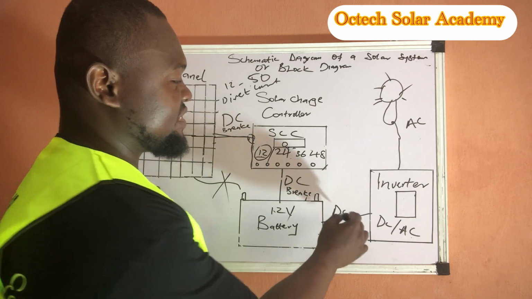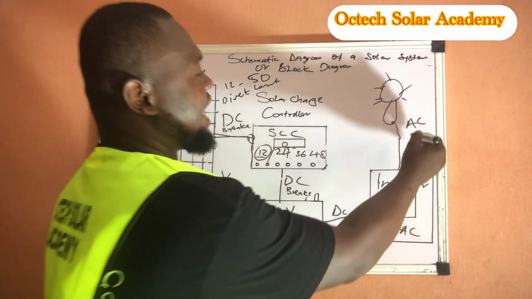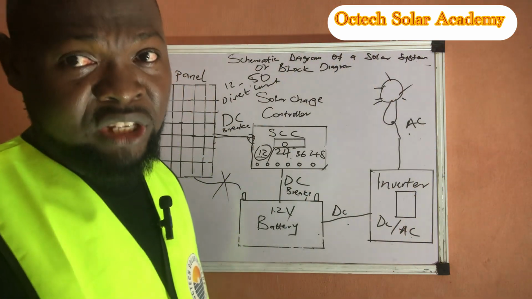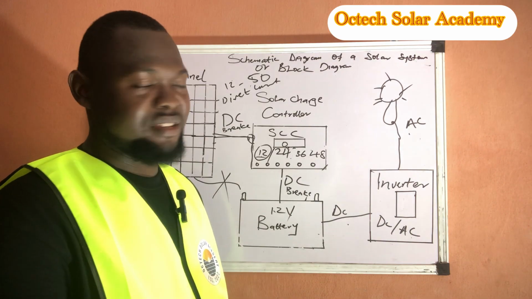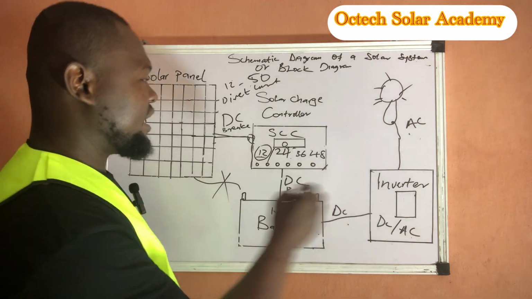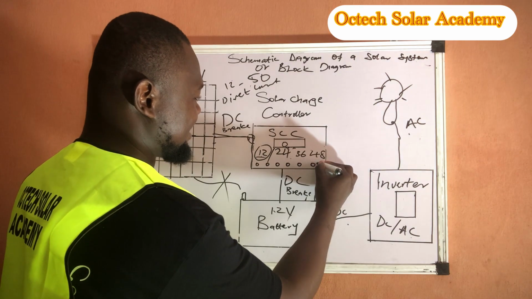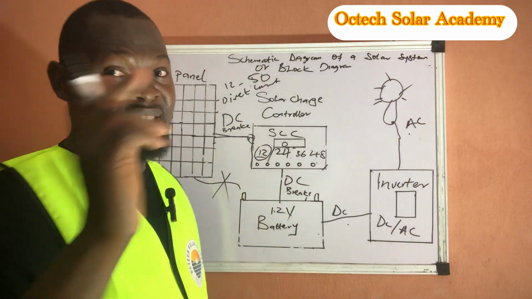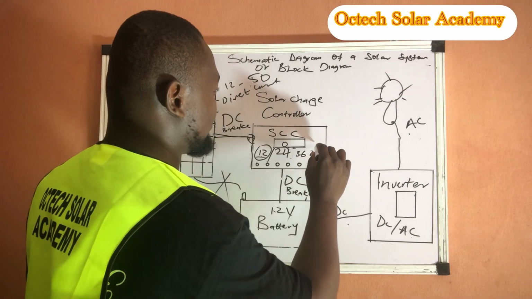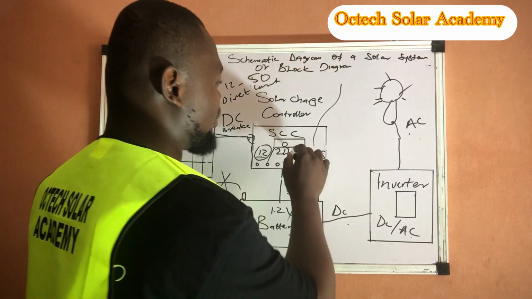We also have our DC breaker here. Here we now have our AC, which is alternating current. This inverter also has a DC. You can also connect your DC appliances from your charge controller, for those of you that have DC appliances.